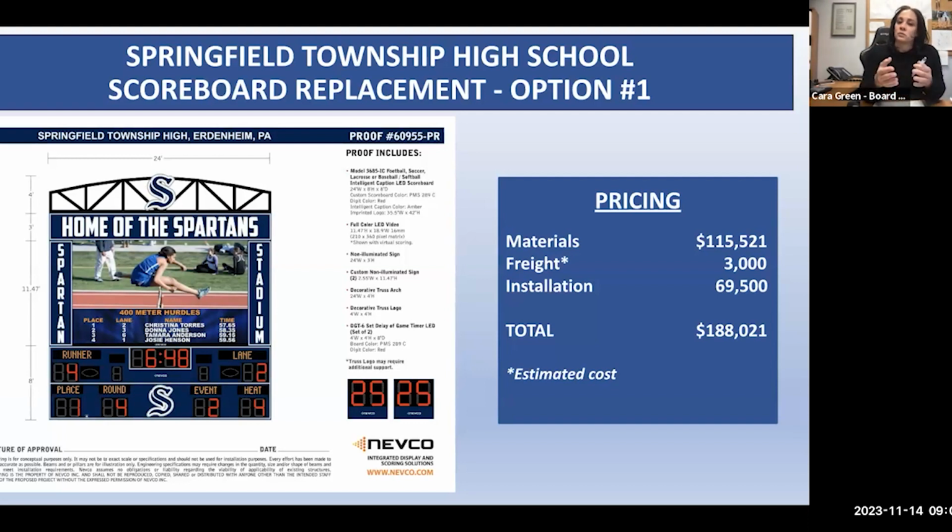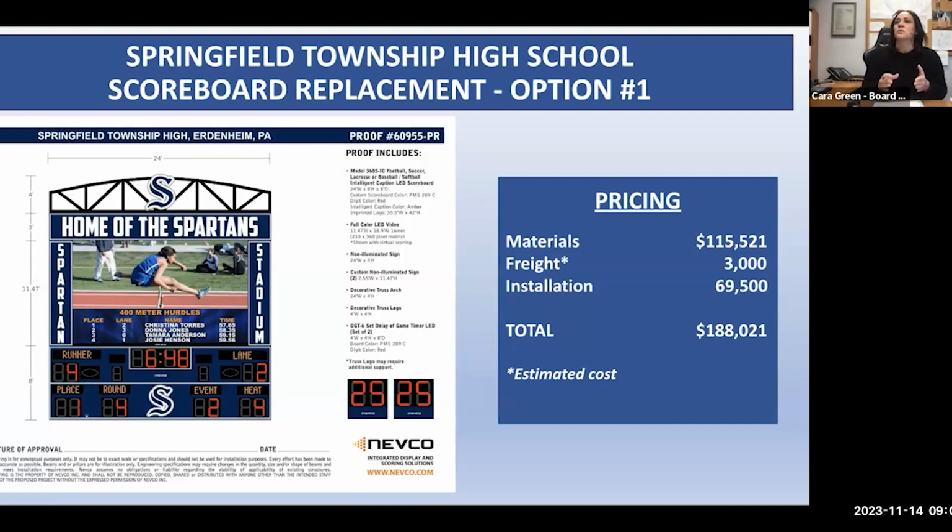Okay, so wanted to show you option one. If you see option one, this is what it looks like. And yes, there's a video board. One of the things when we were looking at options, because it's a big difference from what we have and what we're looking at, is that this is a 10 to 15 year purchasing decision.